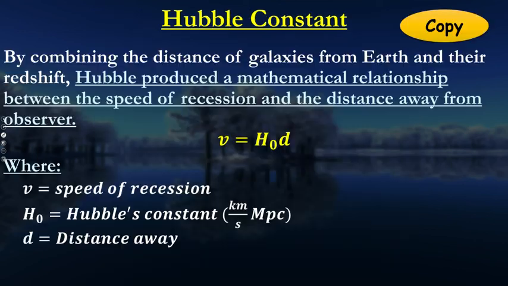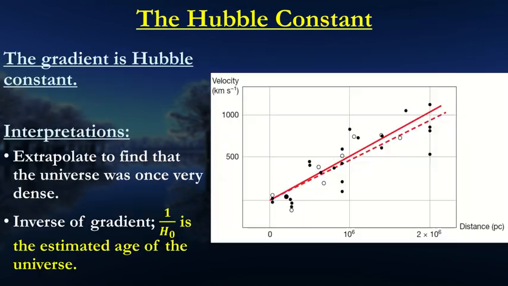So there's that. The actual formula to describe Hubble's law is this one here. V equals H, which is Hubble's constant, times d, the distance between the Earth and the observed star. That's given by the following units, per seconds.